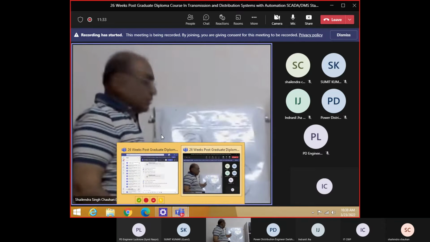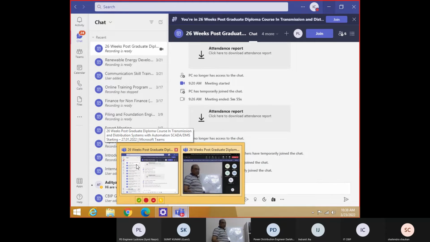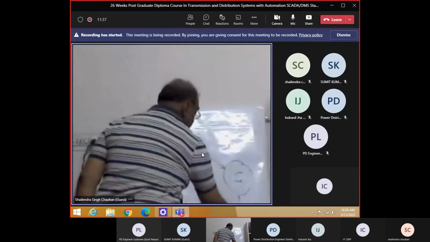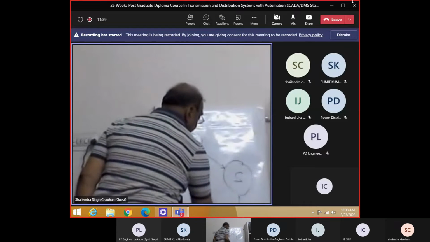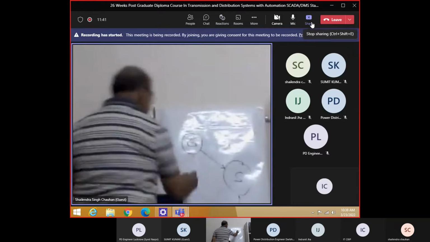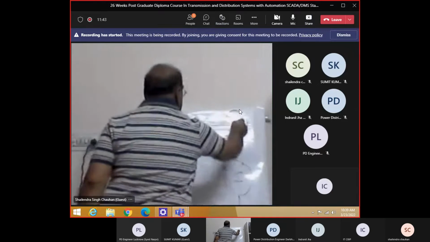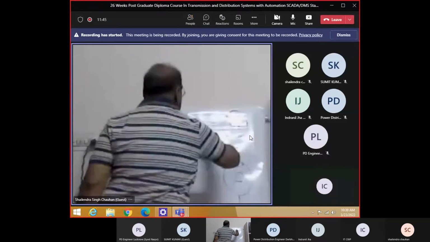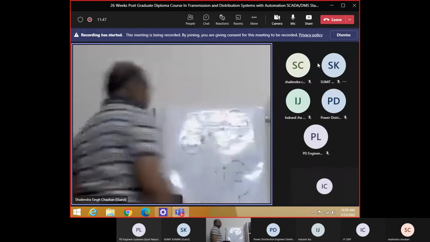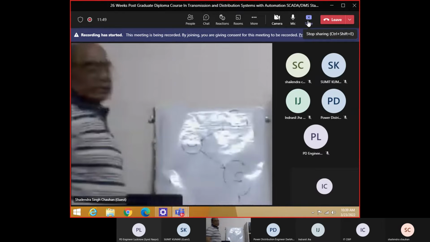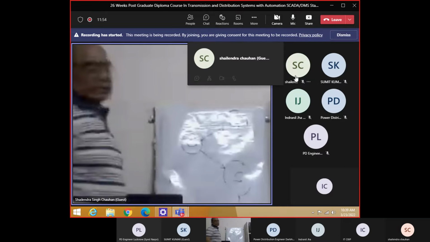This is transmitting the power from the generating station to one substation. There may be another substation also. Or there may be one generating station also. These two generating stations can be interconnected by a transmission line.